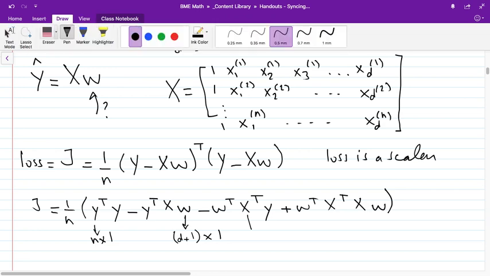Yeah, let me erase this. So what's the size of x? You can see it here. The number of columns is equal to the number of data points, so the number of columns is n. The number of rows is d plus 1. These are the sizes of these elements.